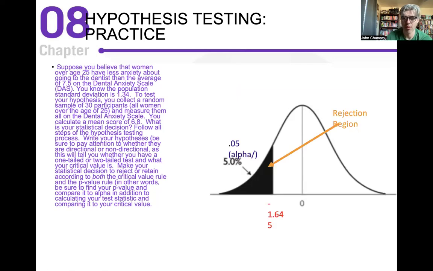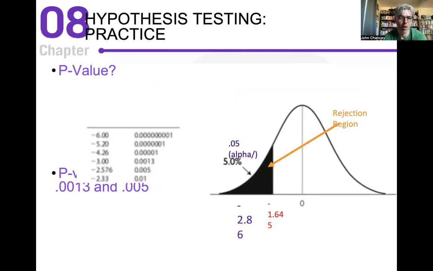So that's going to fall in our rejection region, which starts here at negative 1.64. Our Z of X bar in this case is going to be negative 2.86. So it's way off and to the left compared to our mean. We then look up our p-value. In this case, 2.86. The closest value is going to be somewhere between these two values here.